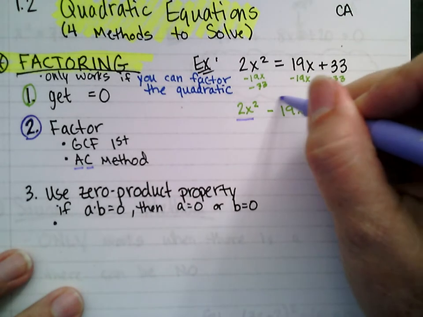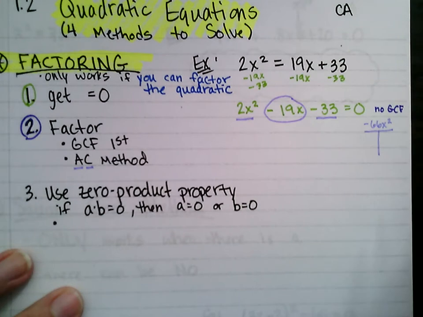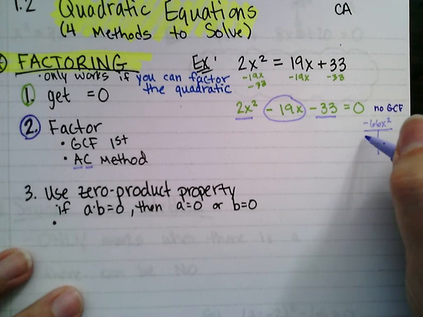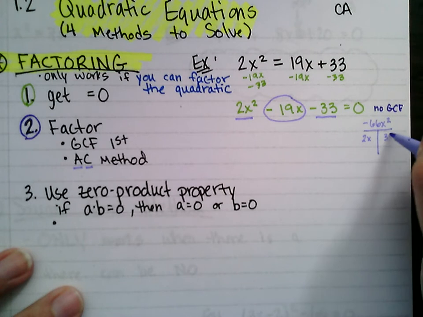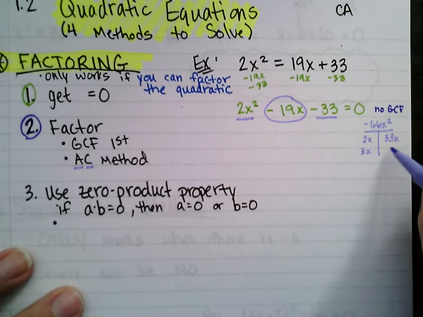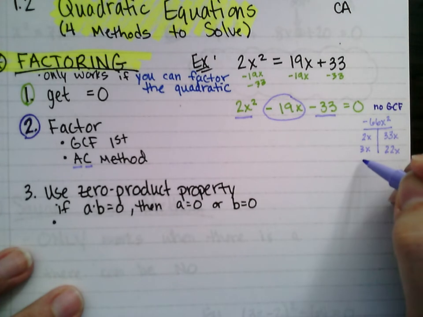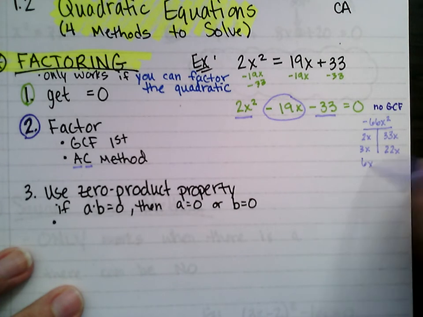And I'm going to look for the combination that's going to add up to give me negative 19x. So like I could start with 2x and 33x, or 3x and 22x, or let's see, 4 won't work, 6x and 11x, or x and 66x.